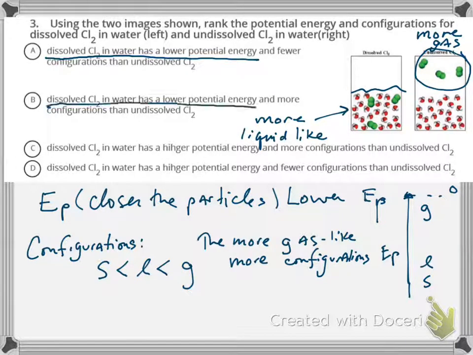So we have two options, that the potential energy is lower in the dissolved because the average particle distance is lower, so we assign the lowest potential energy. And now we say that there are fewer configurations in the dissolved because it is more liquid-like. More liquid-like, we have fewer configurations than the gas. So we would pick the answer A.